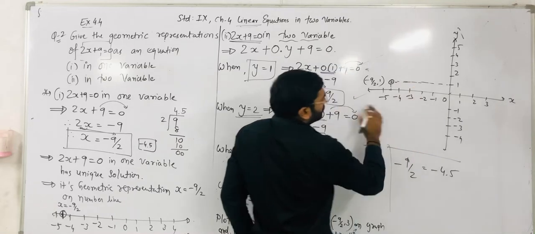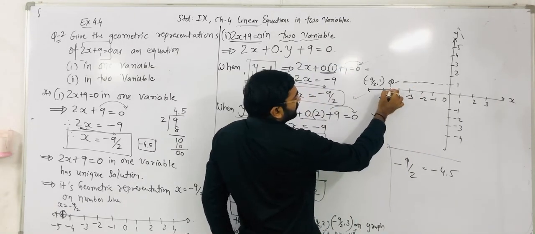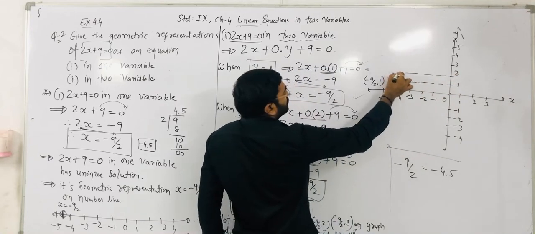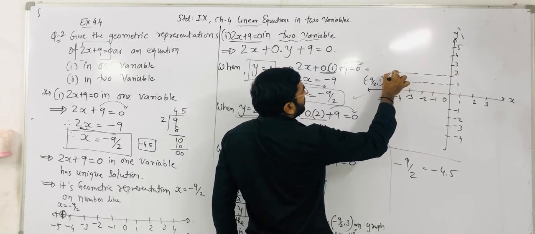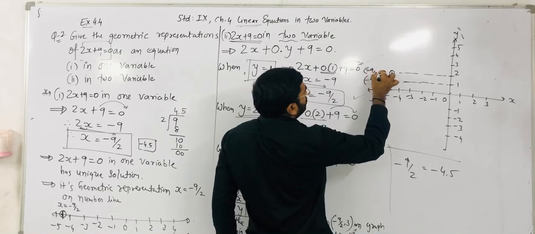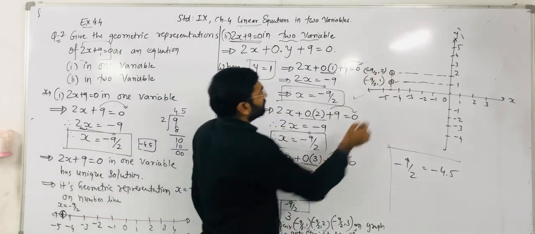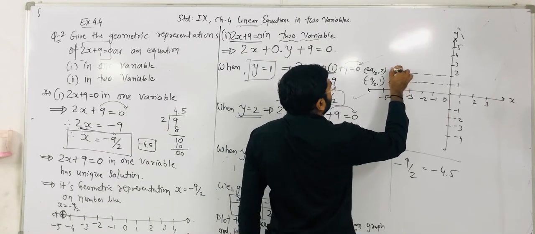On the x axis you get the value minus 9 by 2 here, and on the y axis the value 2 here. From both the points you have to draw a perpendicular line. This is the minus 9 by 2, 2 point. And for minus 9 by 2, 3, minus 9 by 2 is here, so draw a perpendicular line.